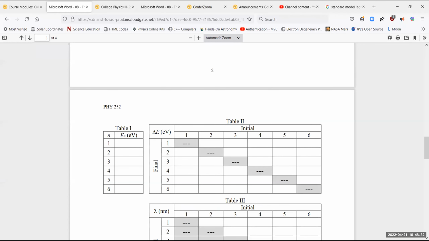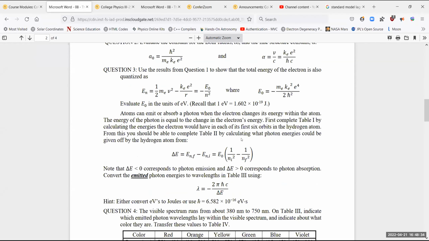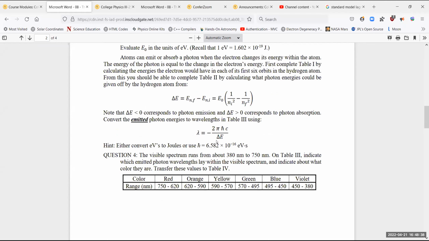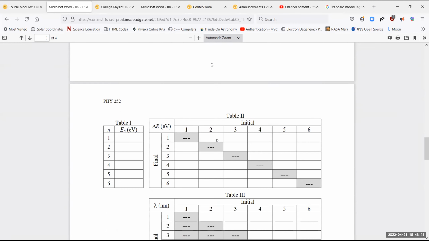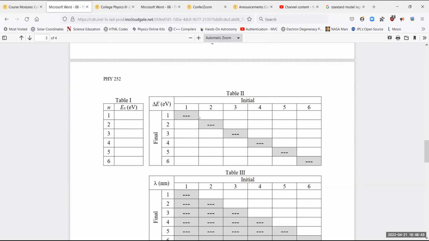And then table 2. Table 2 now, you're supposed to use this formula for lambdas, okay? You have to pay attention now. You have a delta E. Where is that delta E coming from? This is your initial, this is your final. Obviously, you cannot have an initial that is final.